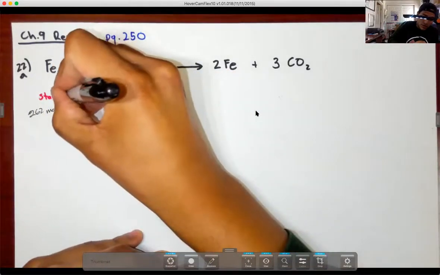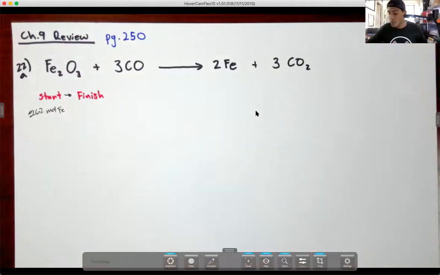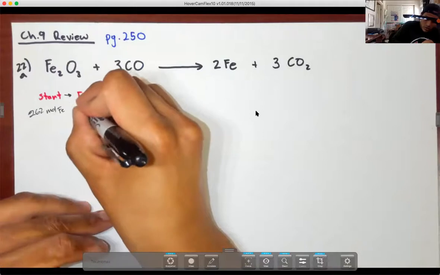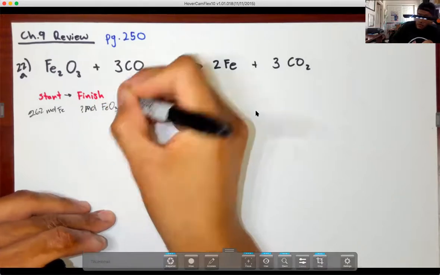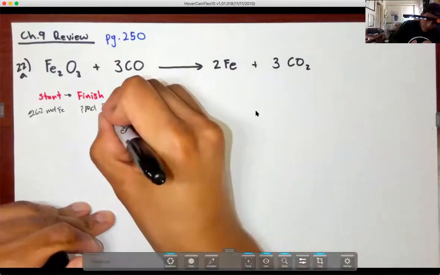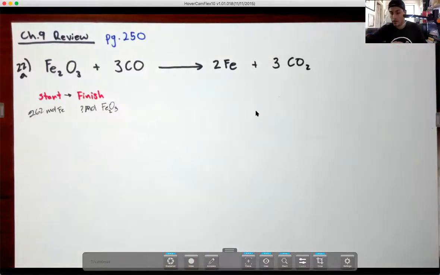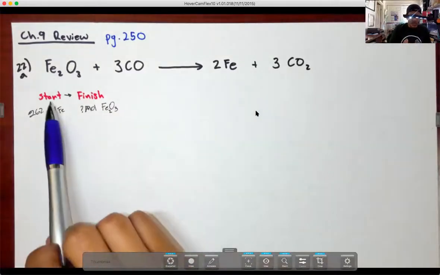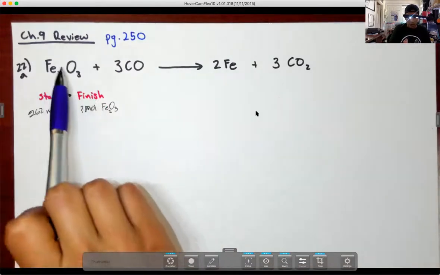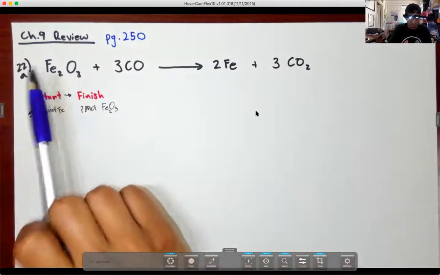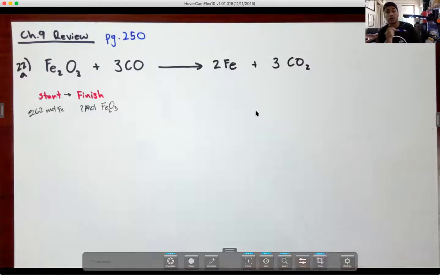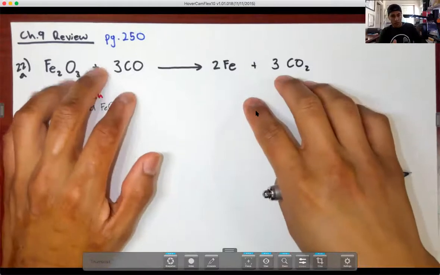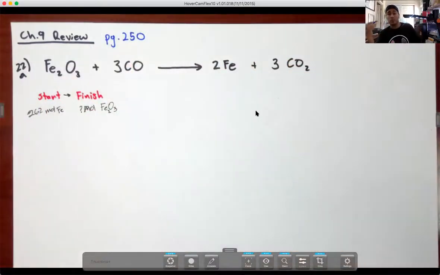And now you want to finish with how many moles of Fe2O3. Now let's look at this because here's where we can get confused. Here I put start and I put finish. But if you look at the equation, we start with Fe2O3 and it then degrades into Fe. So it's important that you know that just because I'm saying start and finish, I'm not referring to the chemical reaction itself, but to the problem.